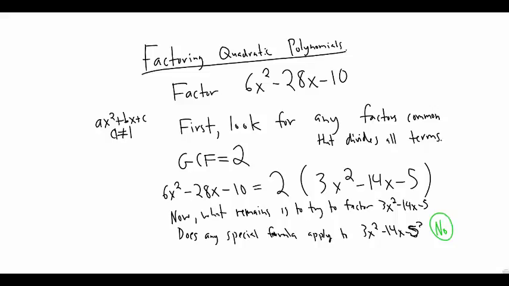So what can we use at this point to see whether it factors? For a polynomial in this general shape, where a is not equal to 1, we can use one of 2 methods to try to factor it.